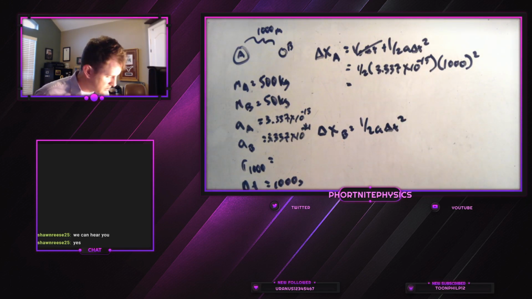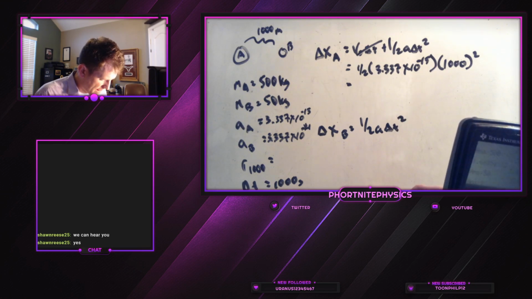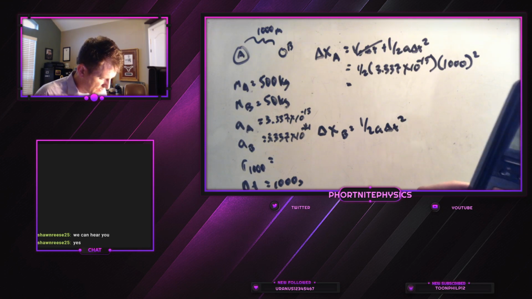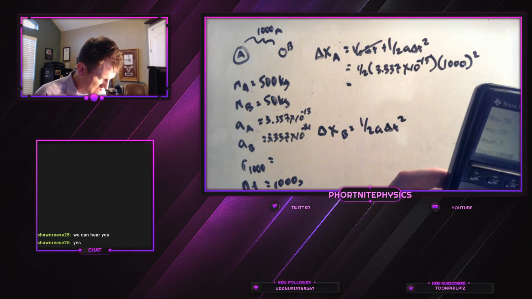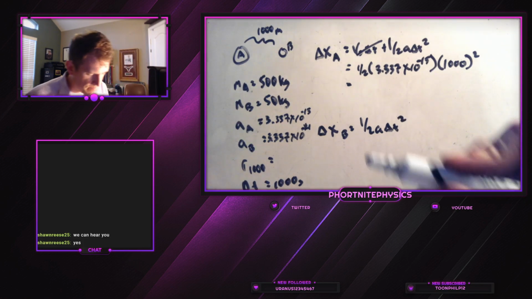And that equals 3.337 times 10 to the negative 15 times 0.5 times 1,000 squared, or 1,000,000. So 1.6685 times 10 to the negative 9.